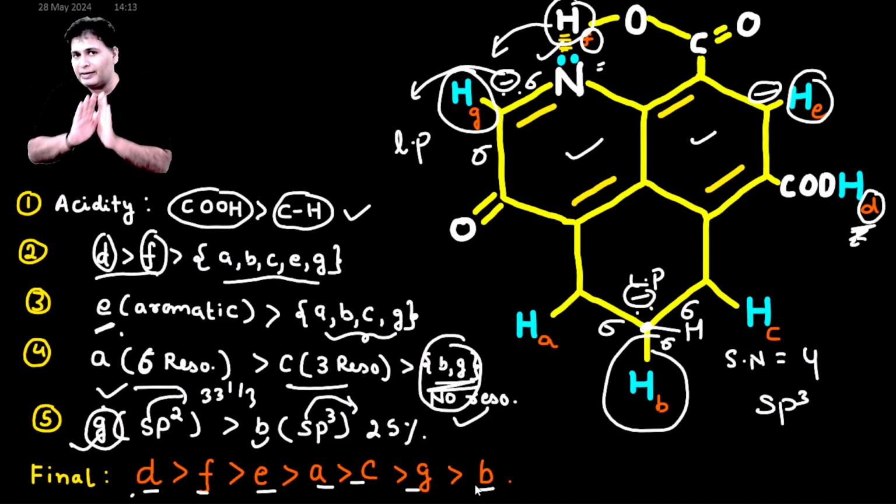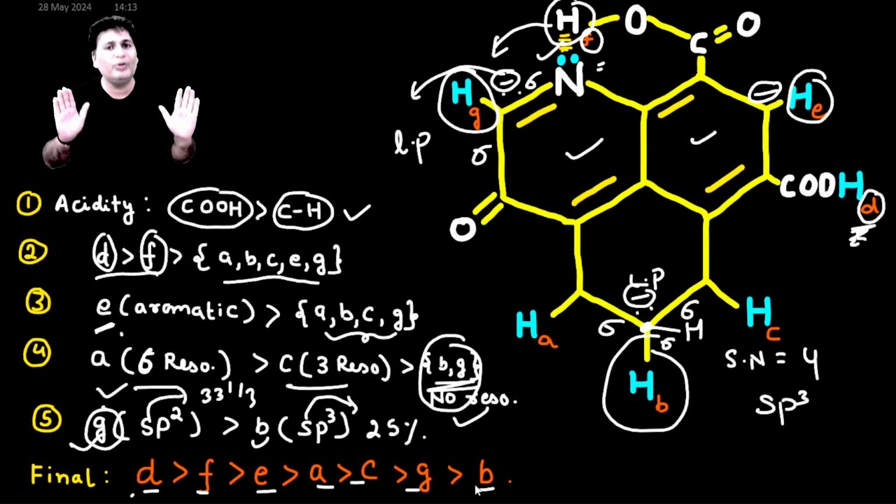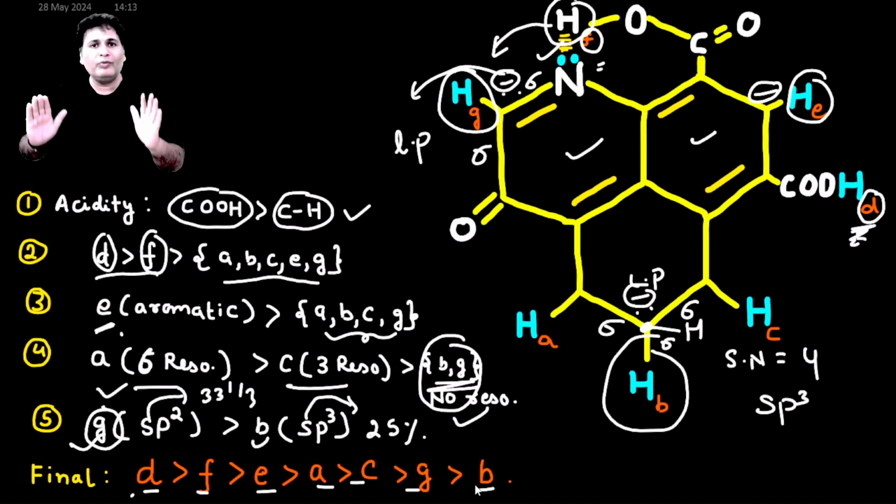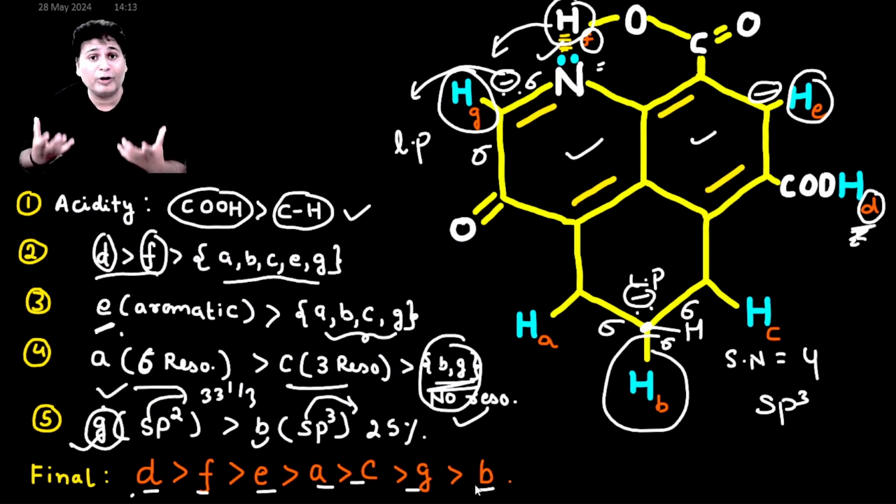I have made the anions one by one, then saw whether there was any possibility of delocalization, how many resonating structures were formed. Is there any possibility of aromatic character? If the delocalization was not possible, what about their s percentage? All those fundamentals I tried to keep in this problem.